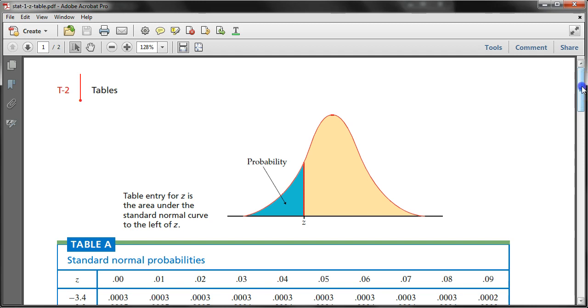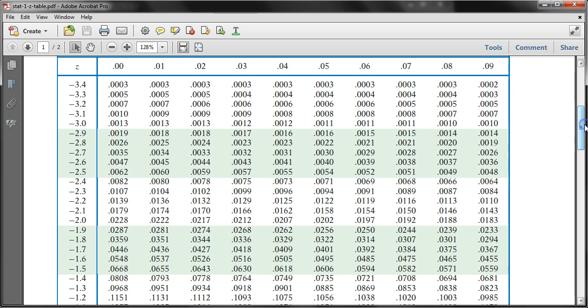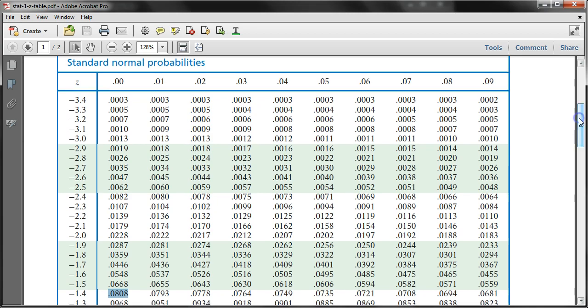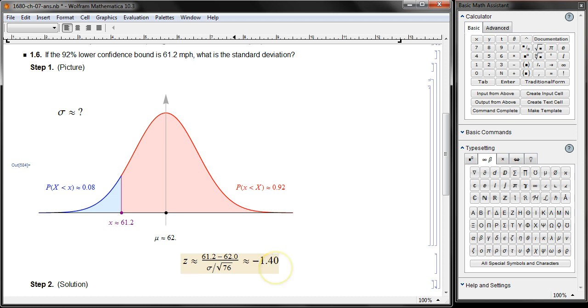Okay, here we go, 8%. Which one is the closest to 8%? Is this closest? 0.0808. Is that the closest? Looks like it. So that's associated with negative 1.40. So that's about negative 1.40. Let's solve this equation. We are looking for the sigma value.